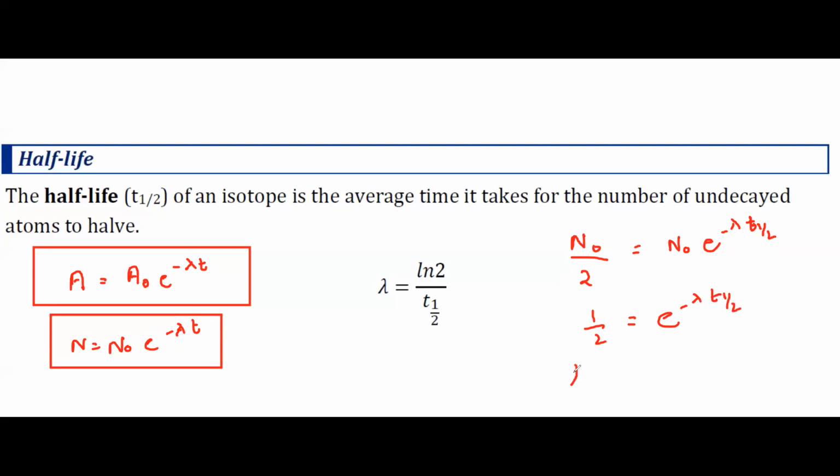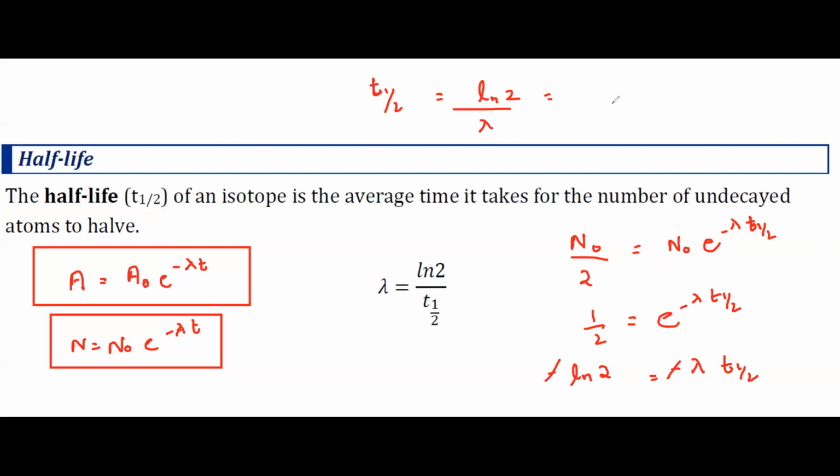When we take ln on both sides, it will be ln 1 by 2, or we can say 2 raised to power minus 1, so minus ln 2 equals, when we take ln of e, minus lambda t half. Negative will cancel with negative, so ln 2 divided by lambda, the decay constant, will give us the half-life, the time taken by half of the radioactive sample to decay.